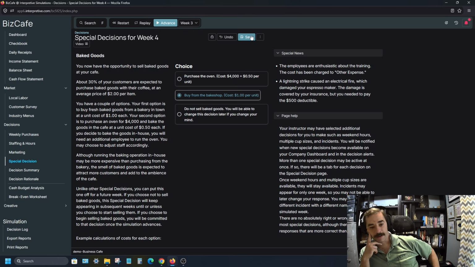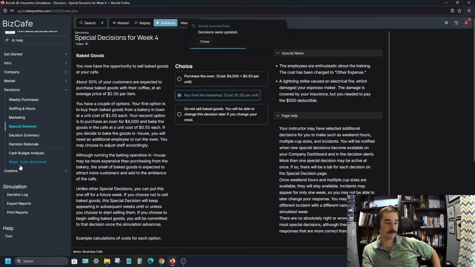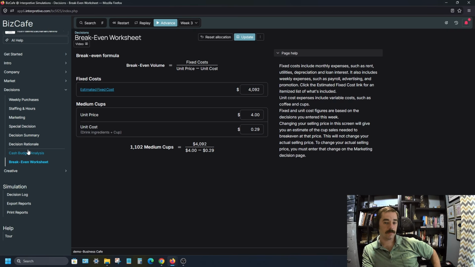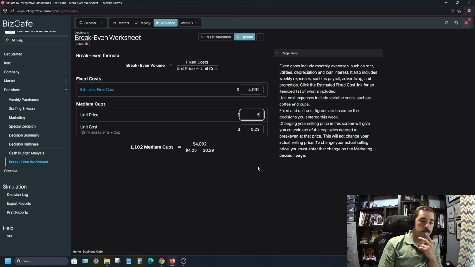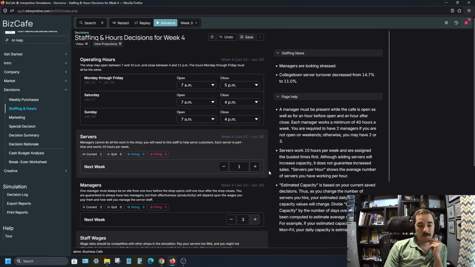Now, if we have a lot of sales, it might do better to purchase the oven, but we're just going to buy them from a bake shop. And we're going to up our coffee price $5, and we're going to get another server.